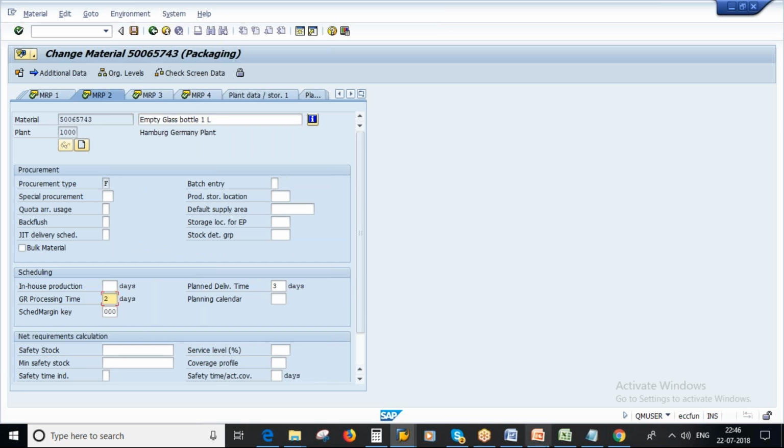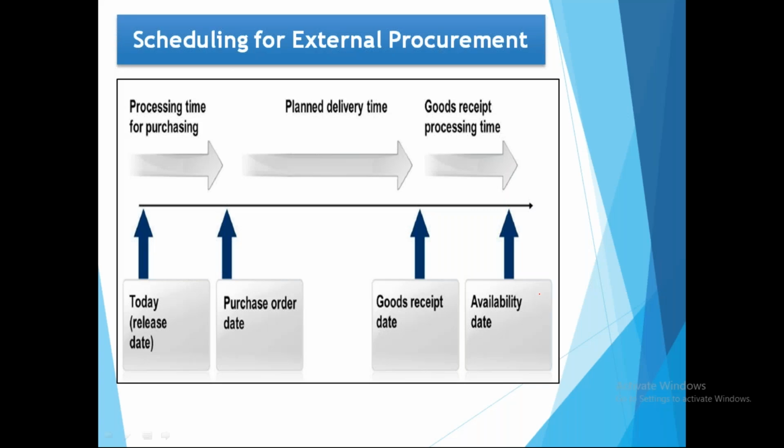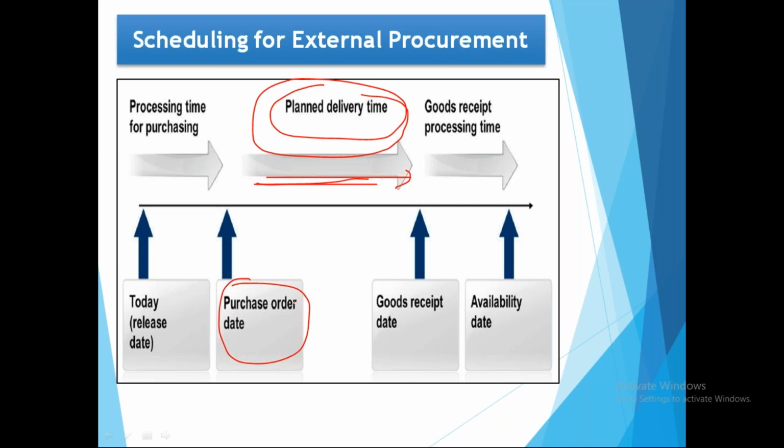That is one thing. Now the next one is delivery time. Delivery time is the time taken by your vendor to supply the material. Planned delivery time: once you issue the purchase order, the time taken by your supplier to supply the material is called planned delivery time. You know this already. This you can maintain in the material master, or you can maintain in the purchase info record.